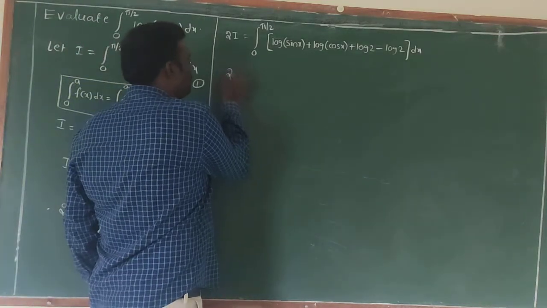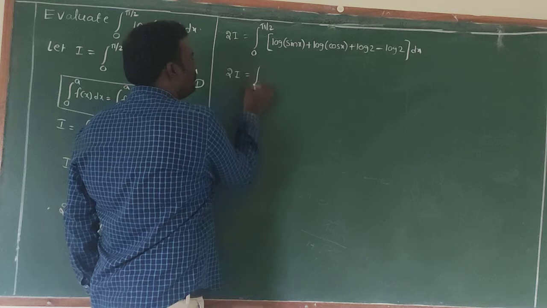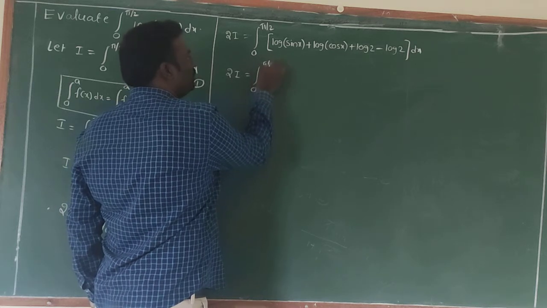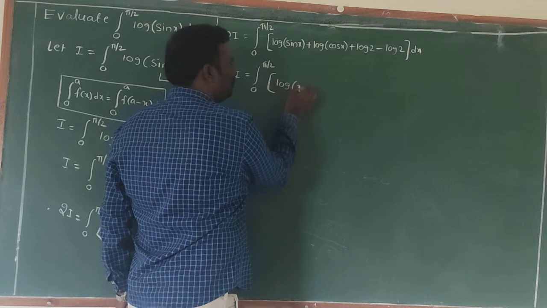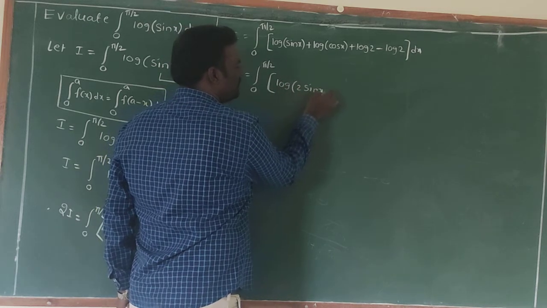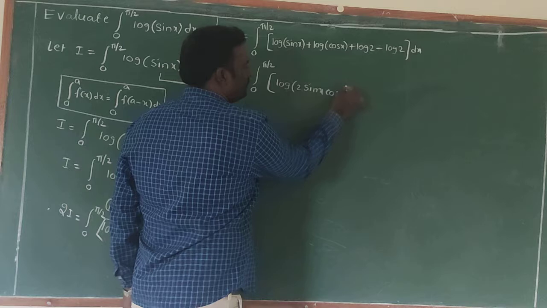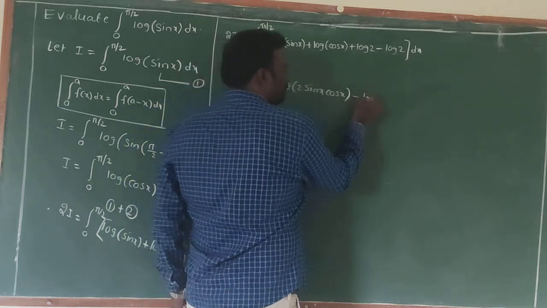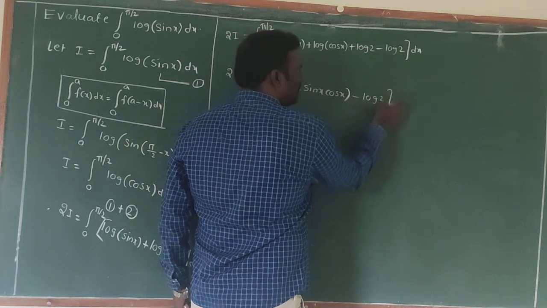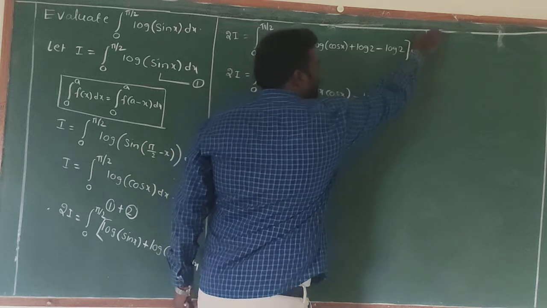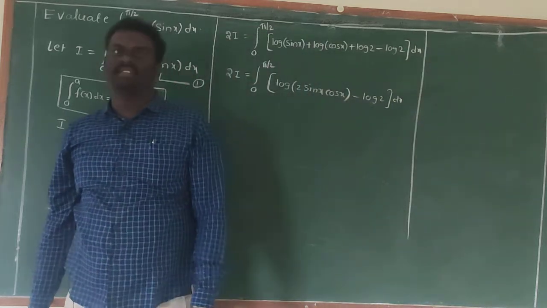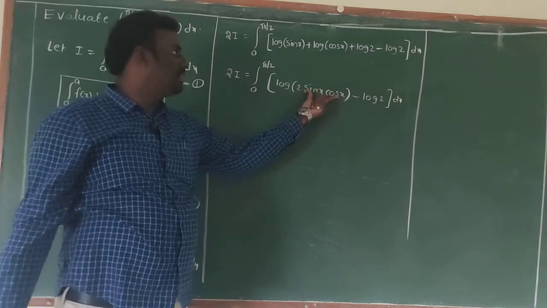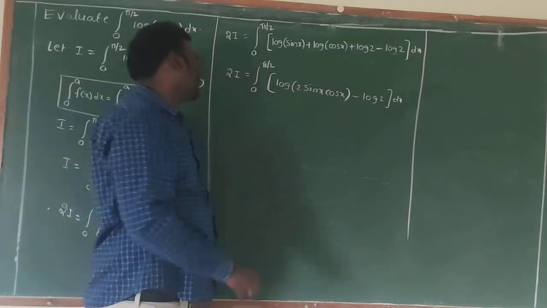Then 2I equals integral 0 to pi by 2. I can write log of 2 sin x cos x minus log 2 dx. In trigonometry, we have the formula for 2 sin theta cos theta: 2 sin theta cos theta is the formula for sin 2 theta.